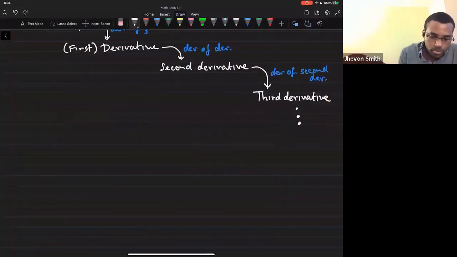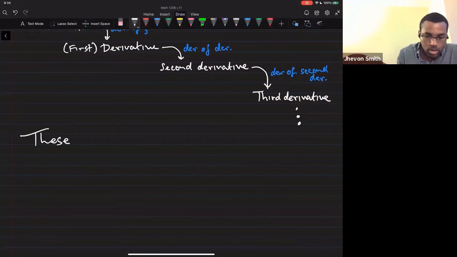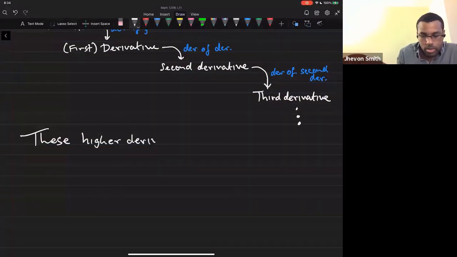These derivatives, we call them higher derivatives.